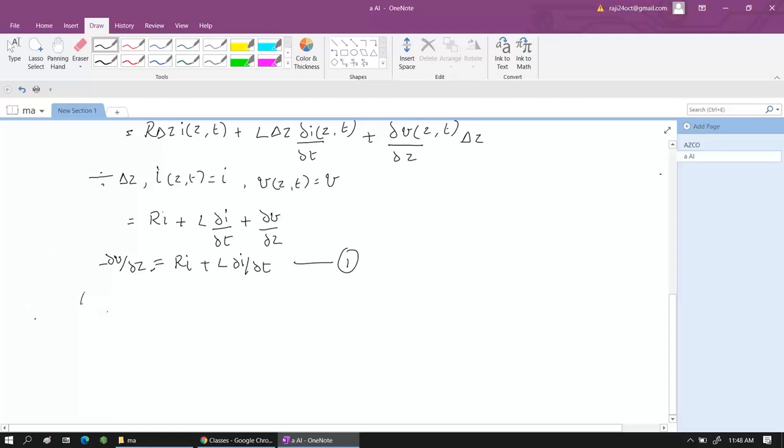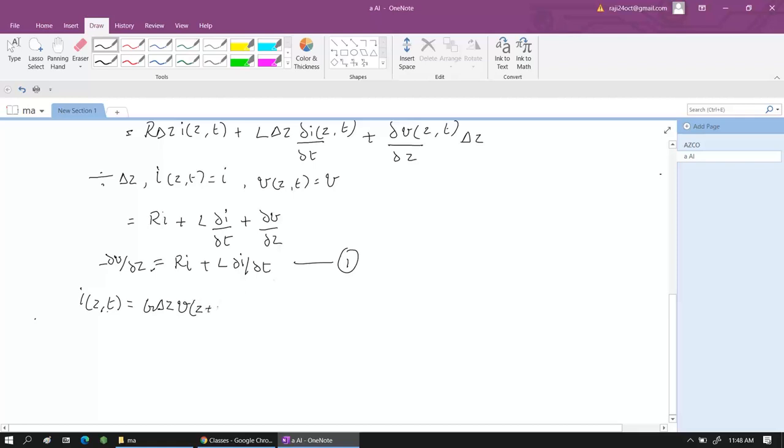I of z comma t is equal to G delta z times, since it is conductance and I want current, it should be a product of G and voltage. So it is V of, what is the voltage across that point?